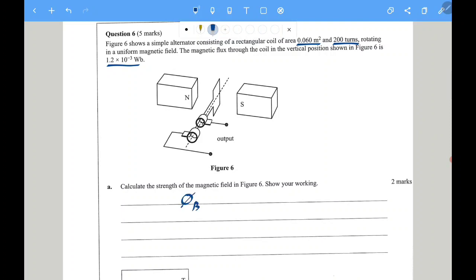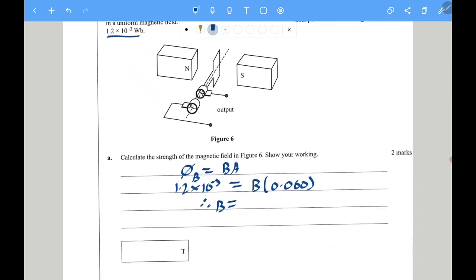So we have to use the value of the magnetic flux as we can see here: 1.2 times 10 to the power minus 3 Webers. We also know the area. So if we rearrange this, we can get our value for the magnetic field strength, which is 0.02 Tesla.